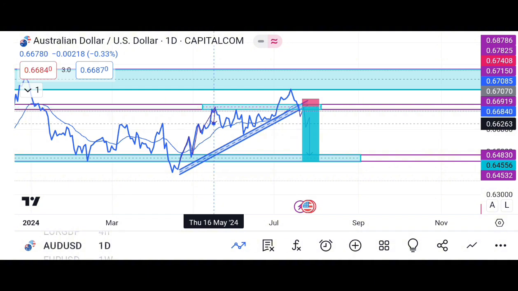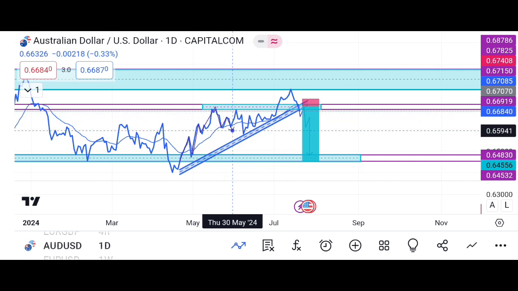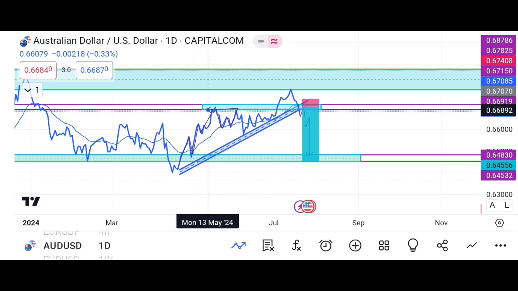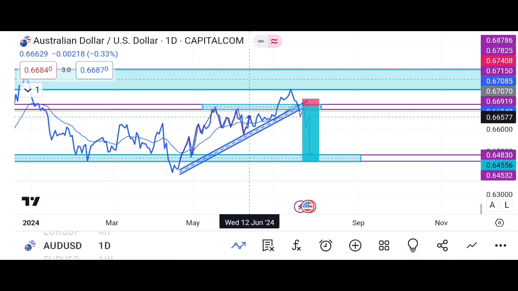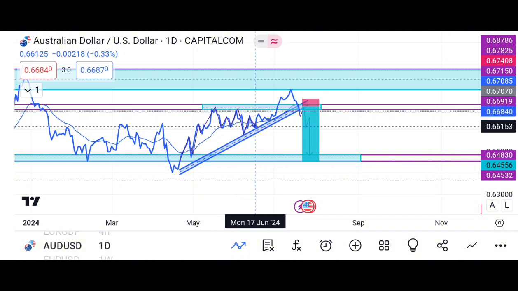Price resisted over here and gave us a lower high, a lower low, a lower high, lower low, higher high. These are equal highs on the top. This high is lower than this higher high over here, so it makes this a lower low.